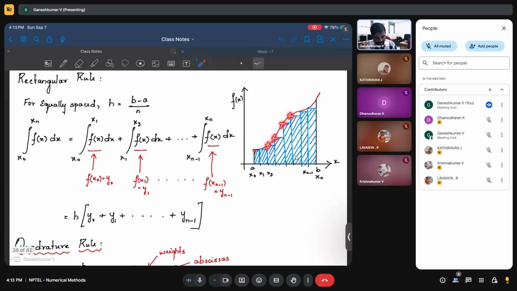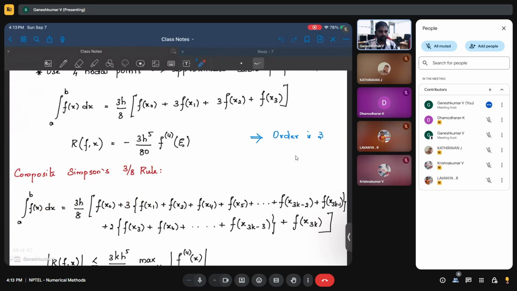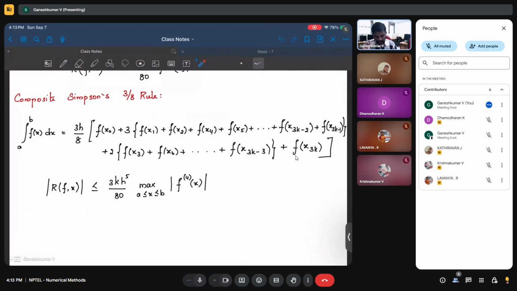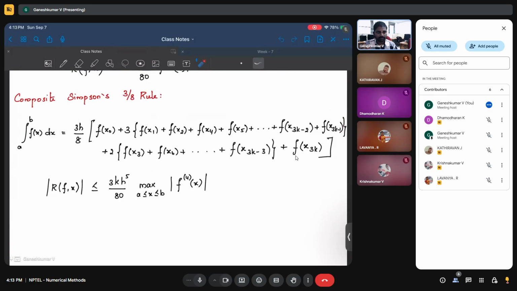So for each set of 4 nodal points, you fit a cubic polynomial, and then you will end up having this equation for composite Simpson's 3/8.